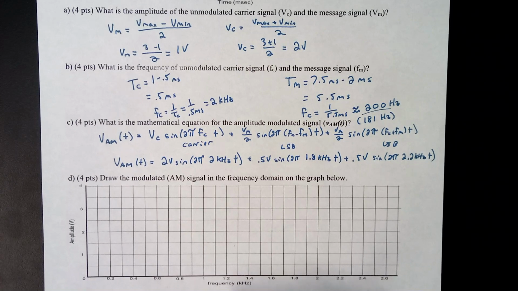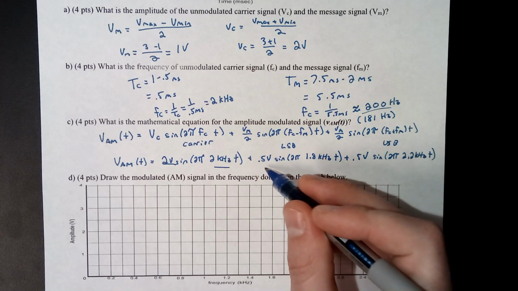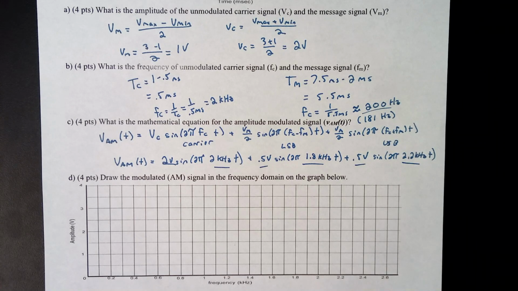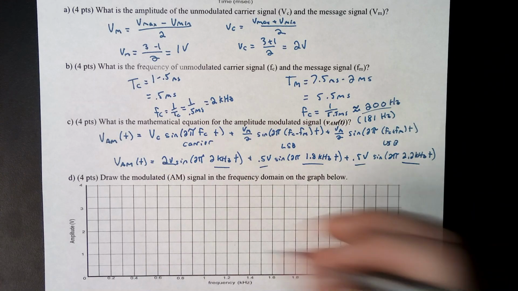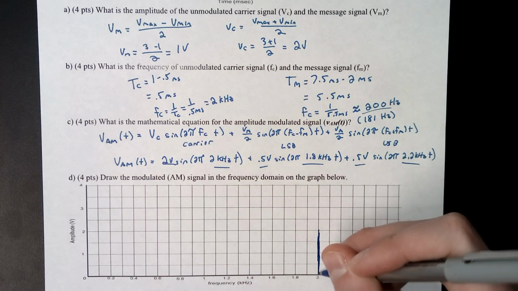Part D then: draw the AM signal in the frequency domain in the graph below. We've already got our values, and this is just a check of your understanding of how the frequency domain works. We have our voltages and our frequencies, so we just need a line for each of these that matches what we've got in the equation. We need 2 volts at 2 kilohertz, so we need one spike at that point.